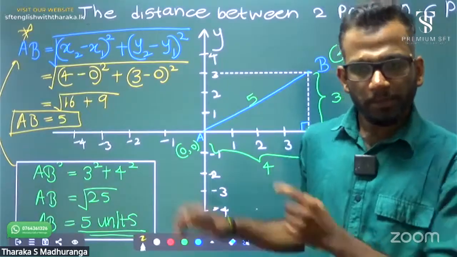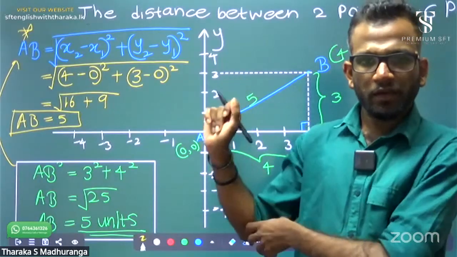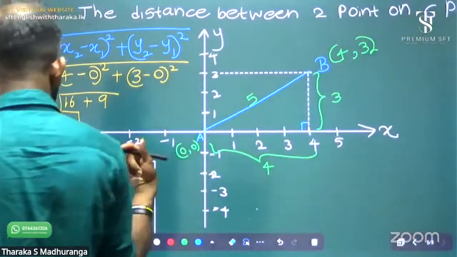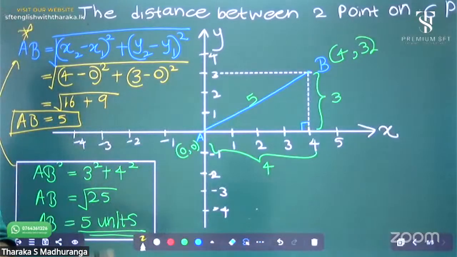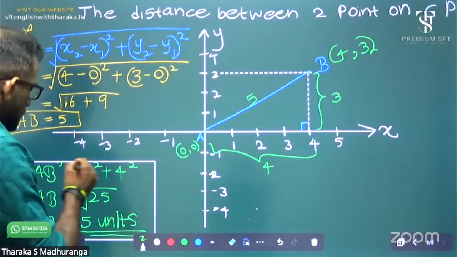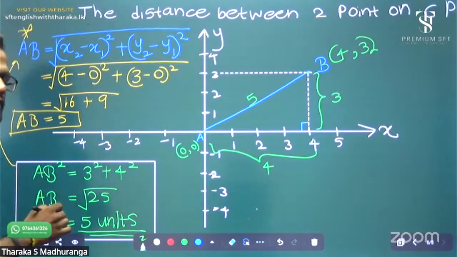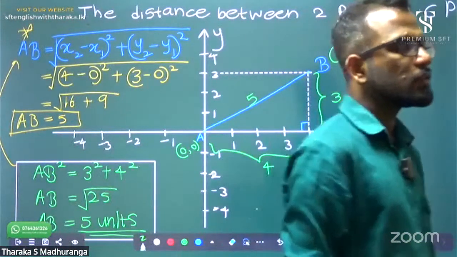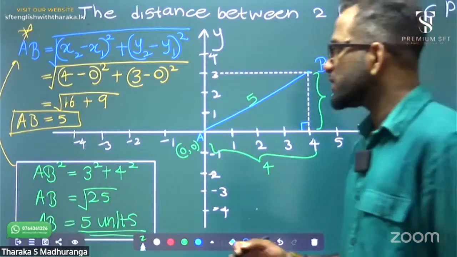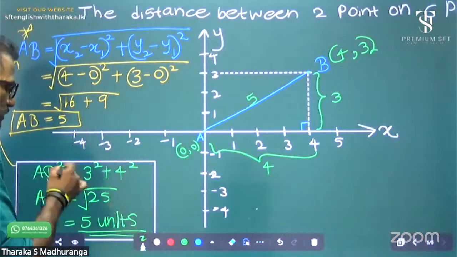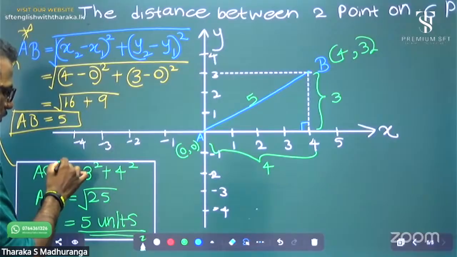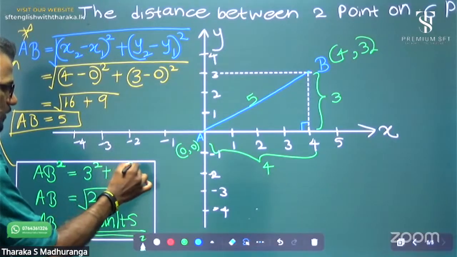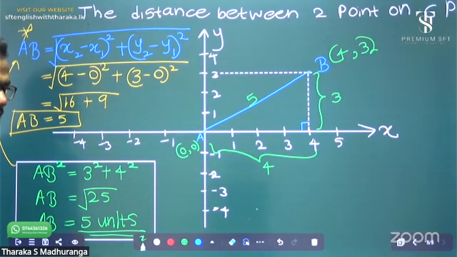Okay, complete drawing. Next, write down the star mark. The length of AB calculation using Pythagoras theorem, and write down this part.